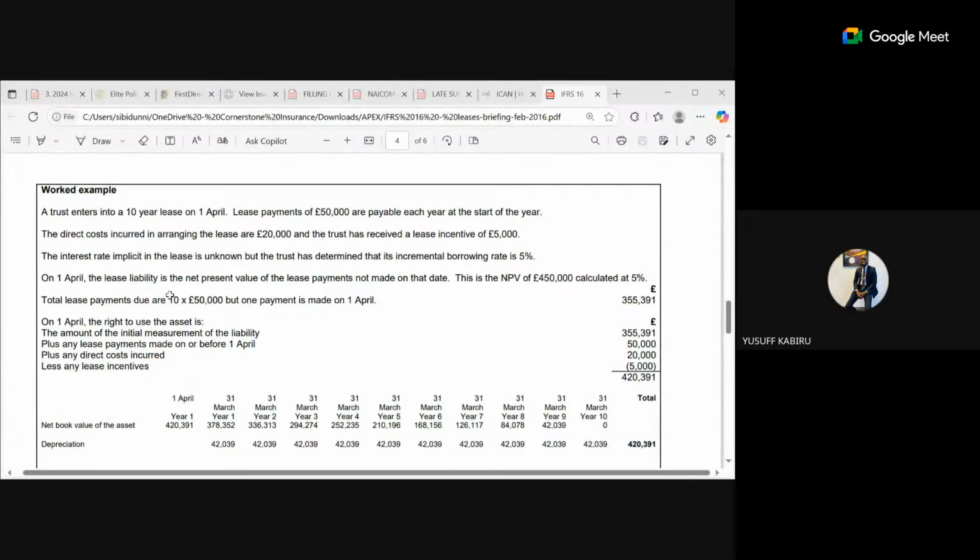The figure of the 5% annuity for 9 years is 7.108, and the cash flow is 50,000.